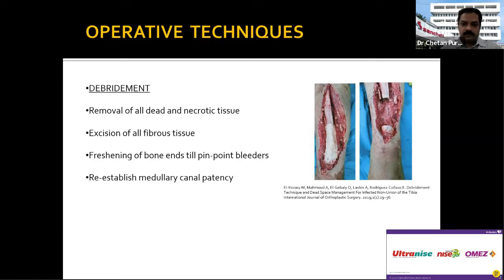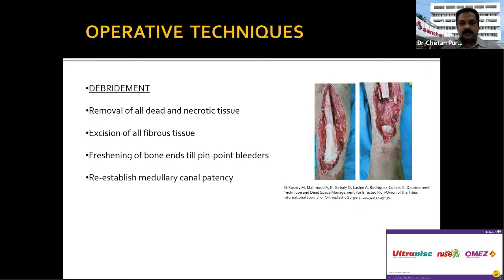And there is a lot of this fibrous tissue scarring in previously operated infected cases. So once the bone ends are freshened, then we have to excise all the fibrous tissue, because unless we achieve bone-to-bone contact by whatever method, it will not progress to union. Once this is done, we often find that the medullary canal is blocked and the bone ends are sclerotic.